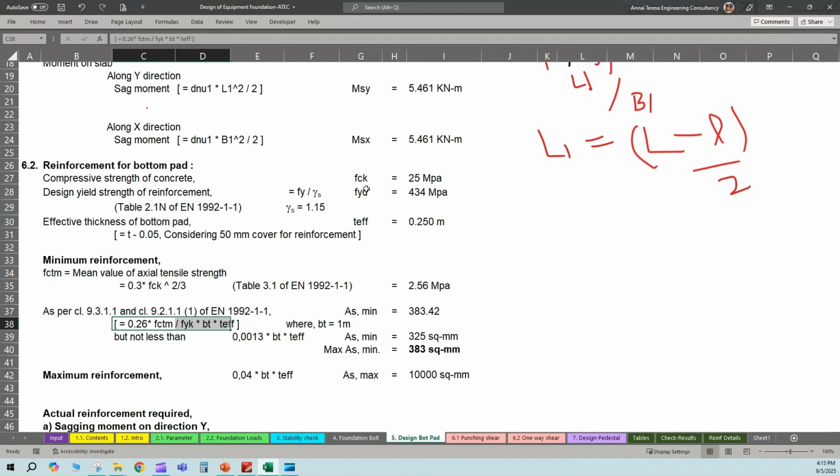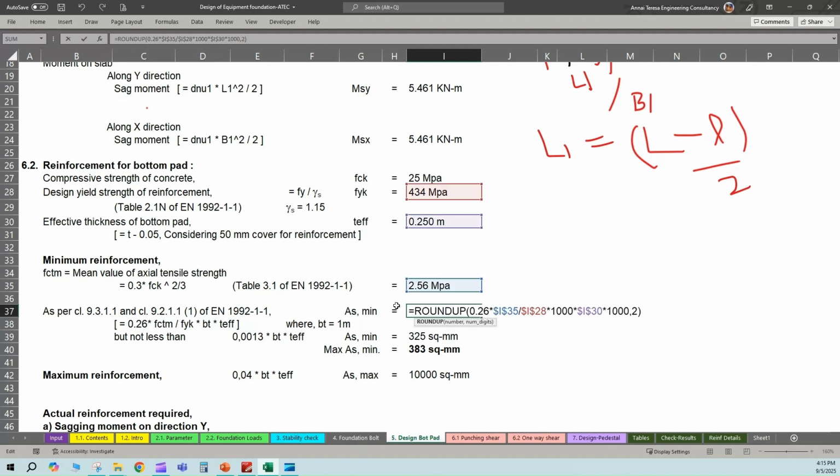Here fyk is nothing but this fyd, fctm we already calculated as 2.56 megapascal, b t is 1 meter of the strip, and T effective we already calculated as 250 mm or 0.25 meter.